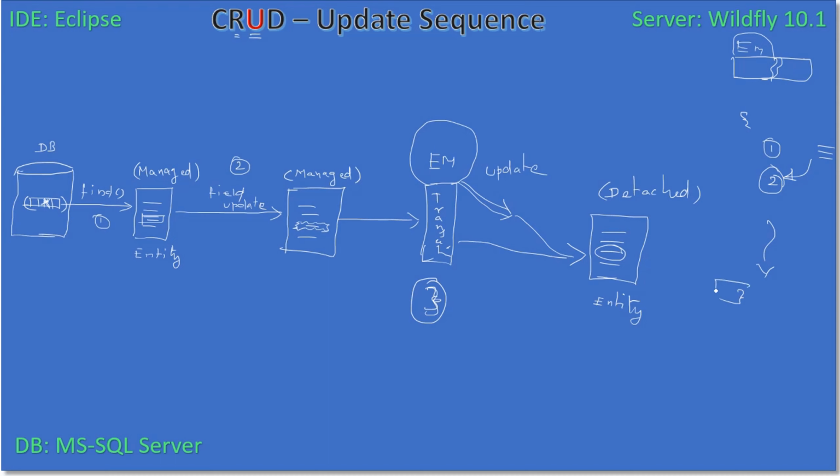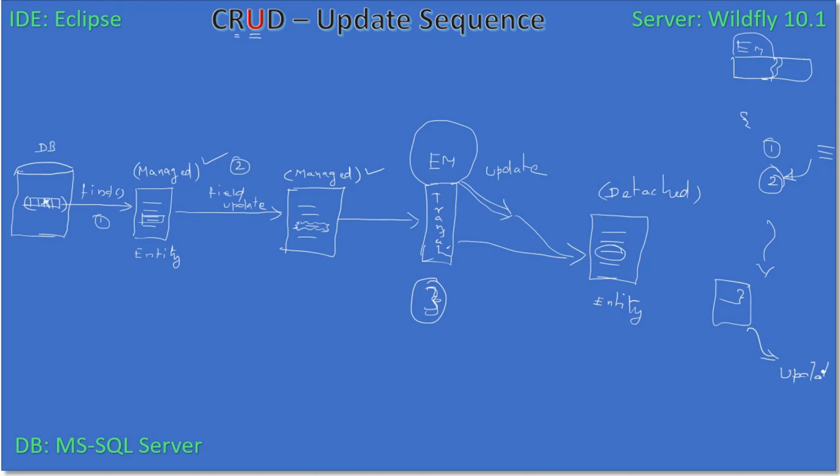Towards the end, the transaction commits, the entity manager will watch, and it knows that the entity is in the managed state, and while keeping the entity in the managed state, some specific field is updated, and it knows that it needs to issue the update command, but it issues it towards the end of the function. Before the method returns, it will perform the update.